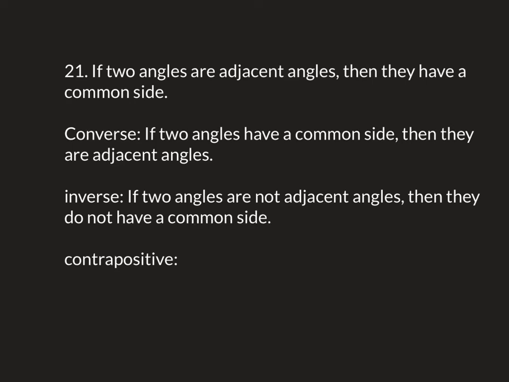And then finally, the contrapositive, so we're flipping and negating. The way I like to do this one is I can either take the converse and negate it, or just take the inverse and flip it. So I would say if two angles do not have a common side, then they are not adjacent angles.